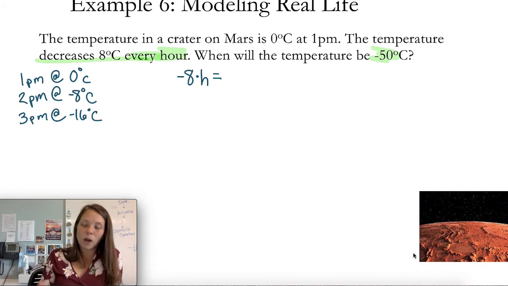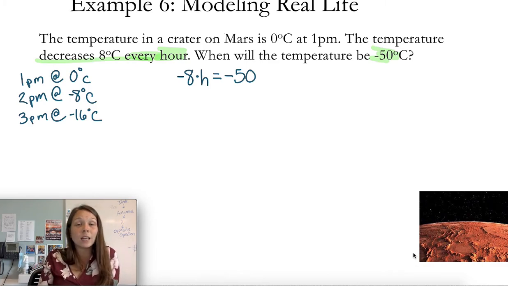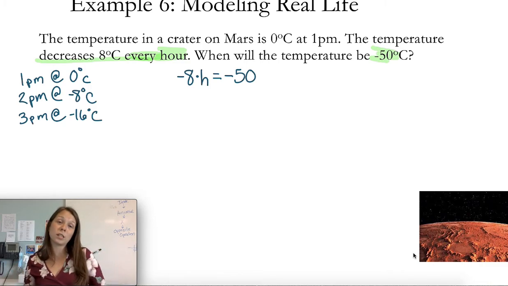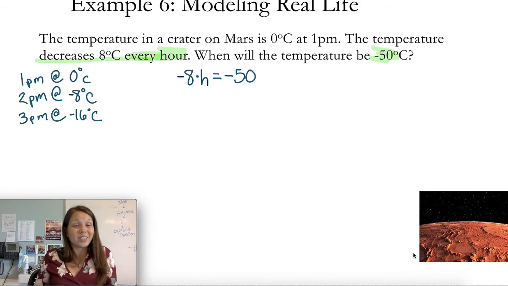And we need to figure out, when I take negative 8 times my hours, when is that going to equal negative 50, my negative 50 degrees Celsius? So now we've created an equation because it said every hour we are decreasing 8 degrees Celsius. Now the word decreasing can mean subtraction, but it can also mean a negative.